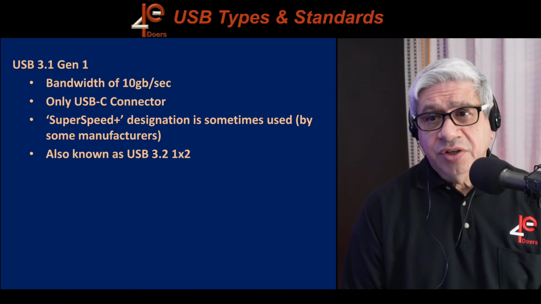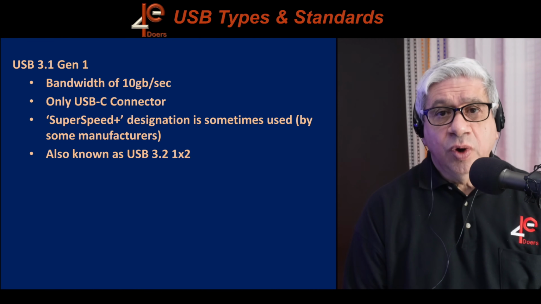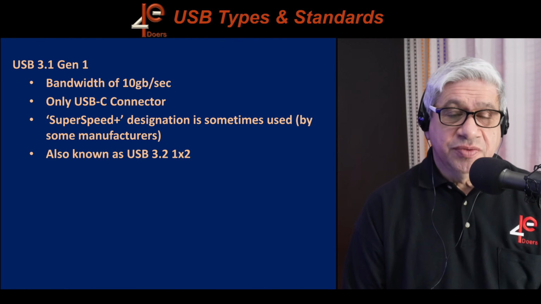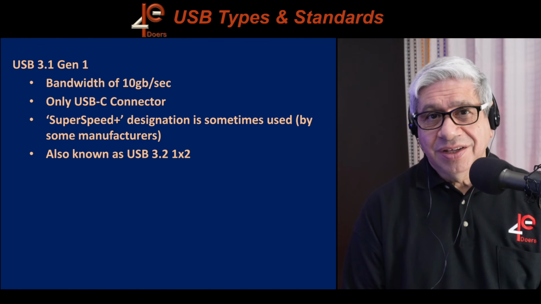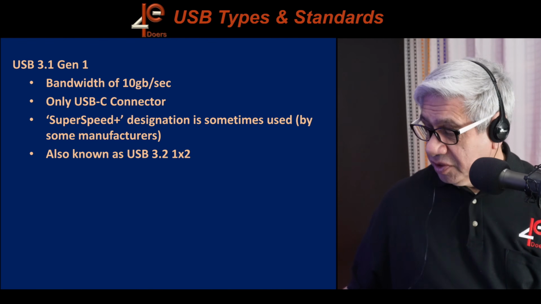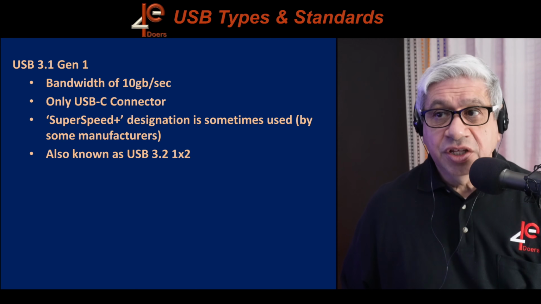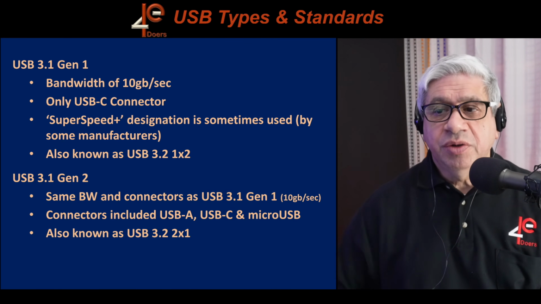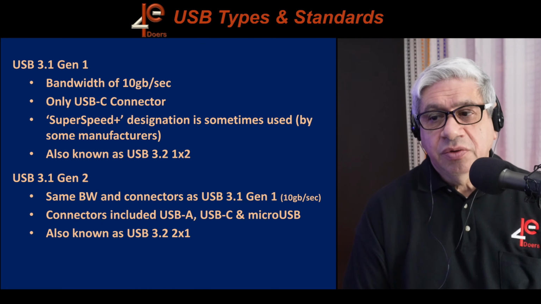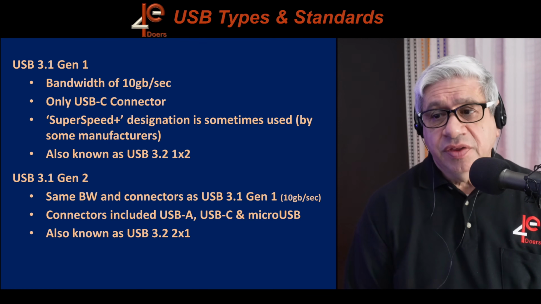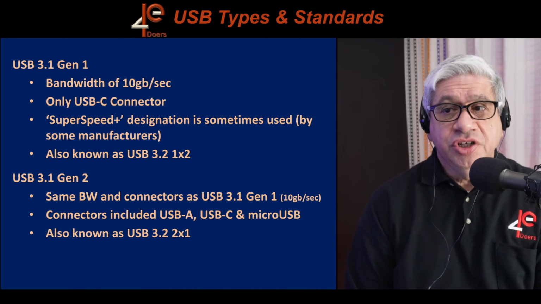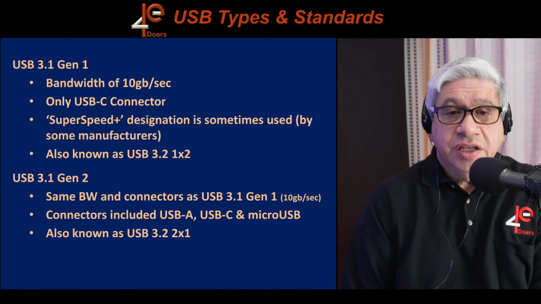The real name for this one is USB 3.2 1 by 2. So the by 1, I guess, was 5 gigabits, and the by 2 was 10 gigabits. This was a noticeable difference when they went to this particular version. And this was followed with USB 3.1 Gen 2. Now in Gen 2, it had the same bandwidth as USB 3.1 Gen 1, only 10 gigabits per second.